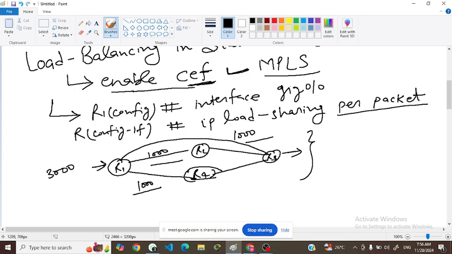In a live scenario, this is for a small enterprise network. Have you ever seen Taco Bell, Dunkin' Donuts, McDonald's, Pizza Hut?